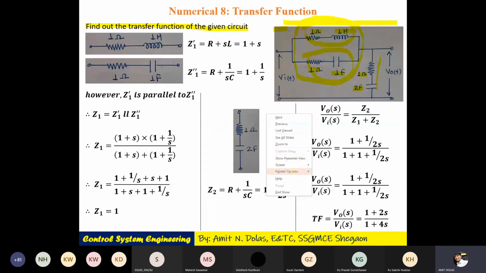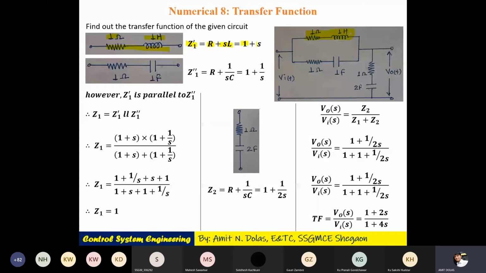So what we do, we'll convert it into some modules. I will just say that the series combination of this, whatever I am marking here, is nothing but Z1 dash. So Z1 dash is this 1 ohm in series with 1 Henry. So in Laplace, we write R plus SL. R is 1, L is also 1, so it will be 1 plus S only.